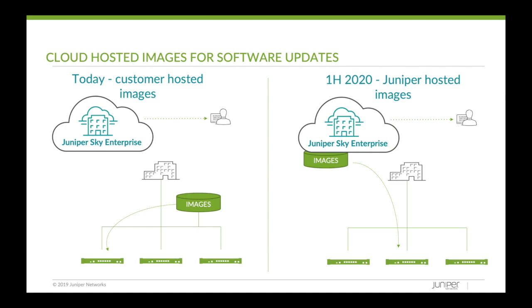Now, in the coming month or two, we're going to be releasing a brand new software update feature where Sky Enterprise hosts all the images. So it's going to be a lot easier, a lot quicker, a lot more reliable, and just much simpler. So look out for that feature in coming releases.